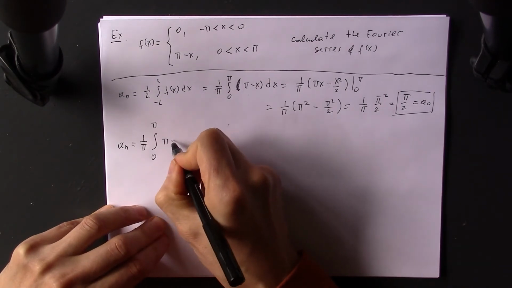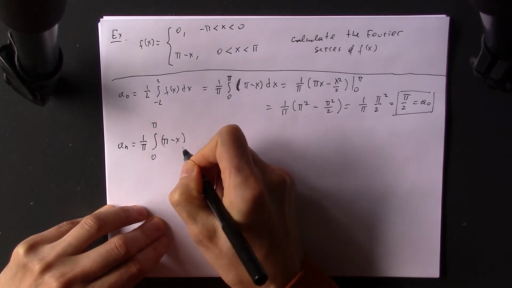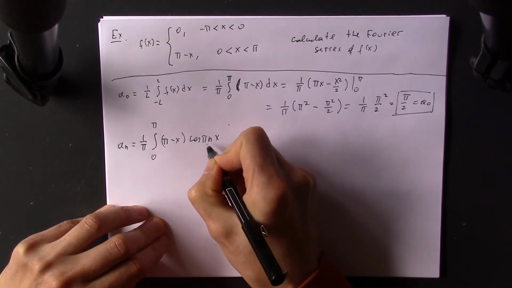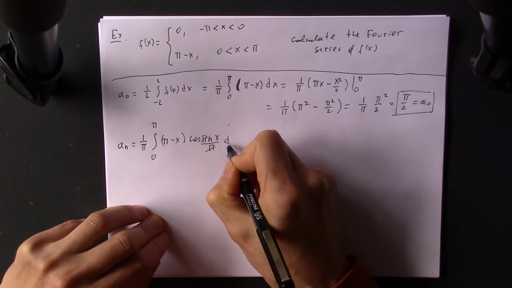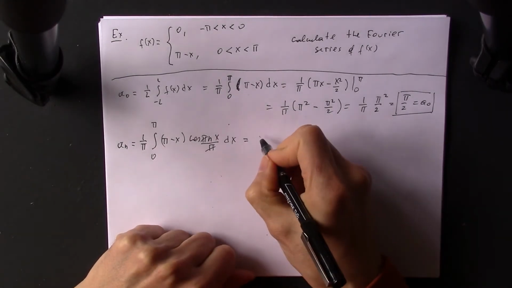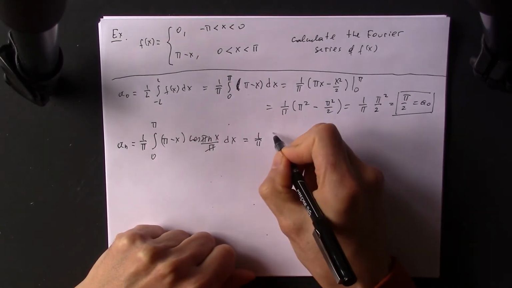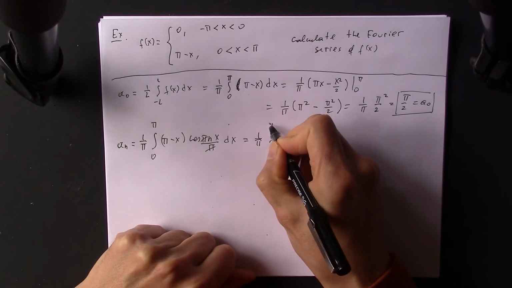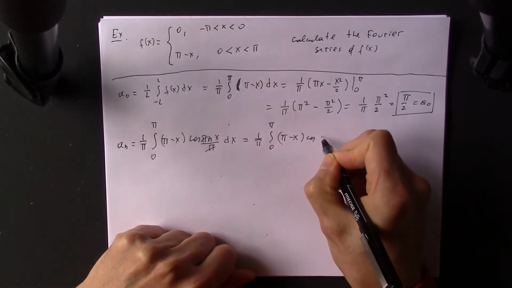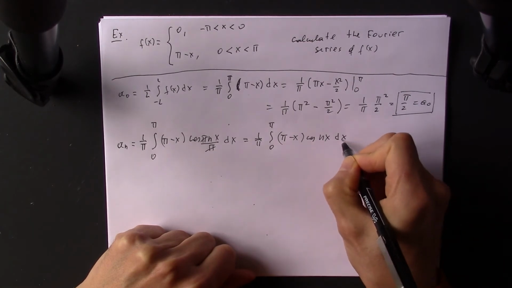The function equals pi minus x, times cosine of pi n x over pi, so pi will be cancelled out, dx. So we're going to get 1 over pi, integral 0 to pi, pi minus x, cosine of nx dx.